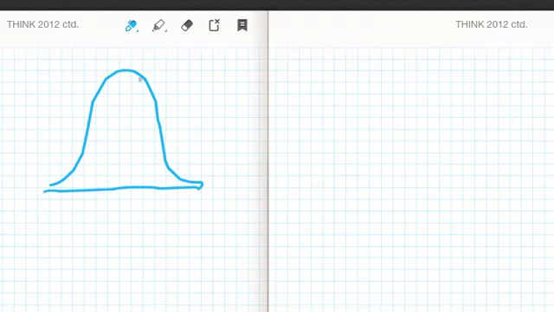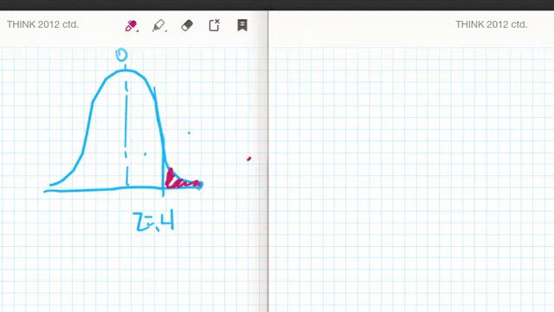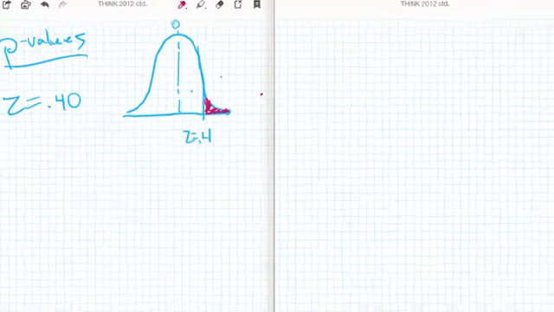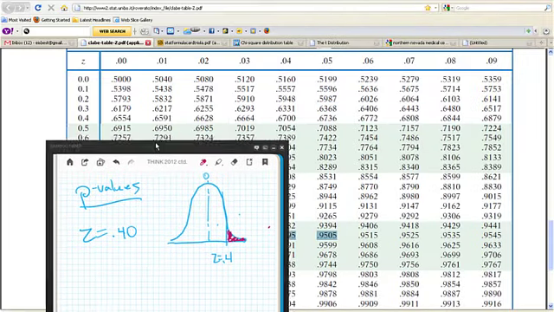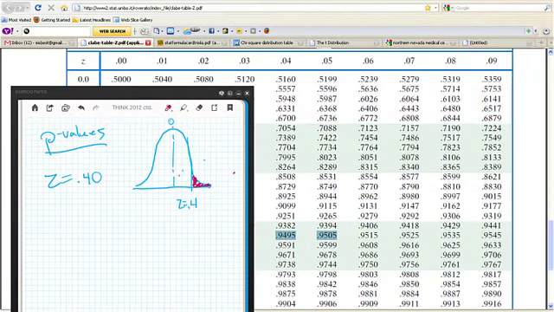My critical value, well, I'm not even going to put the critical value. All right, when we go to the standard normal, I get 0. I'm going to get a z equals 0.4, and now what I'm looking for is the probability of getting values at least as extreme.